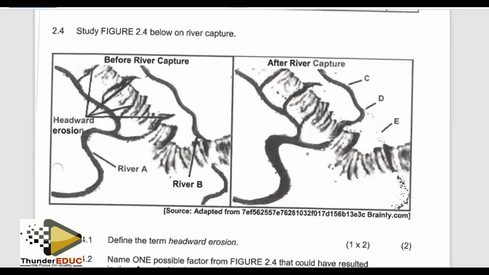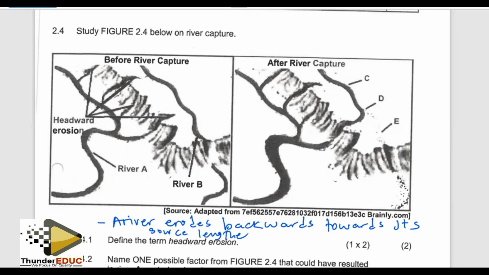We could define it and say a river erodes backwards towards its source, lengthening its channel. That is headward erosion.